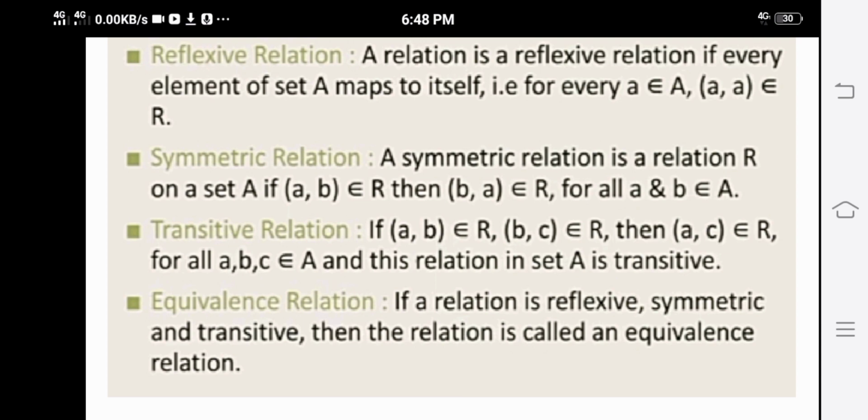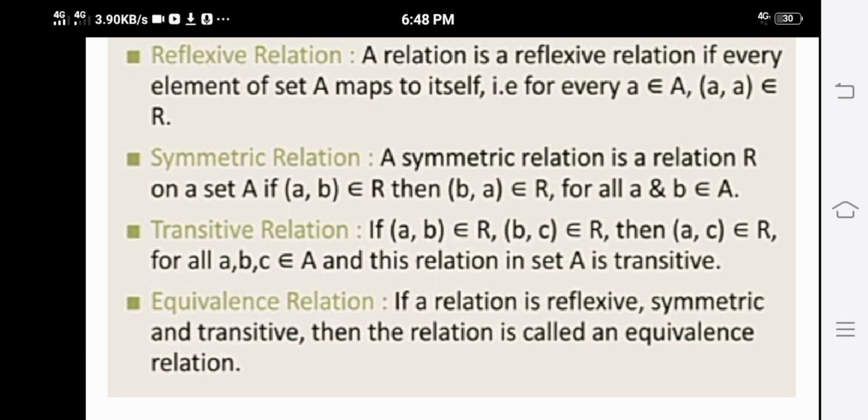A symmetric relation is a relation R on a set A if A, B is an element of R, then B, A is also an element of R, for all A and B that are elements of A.